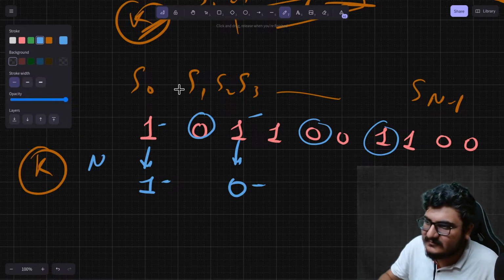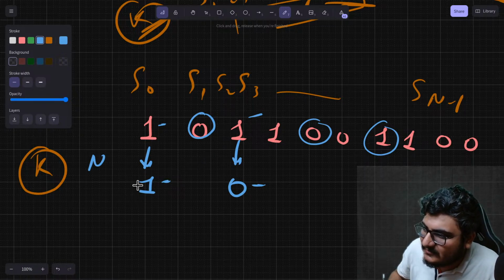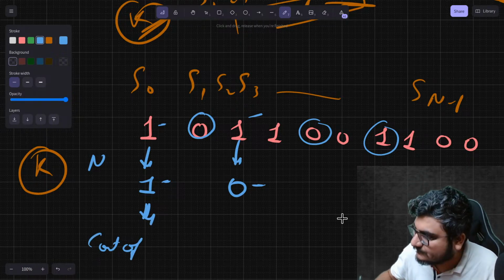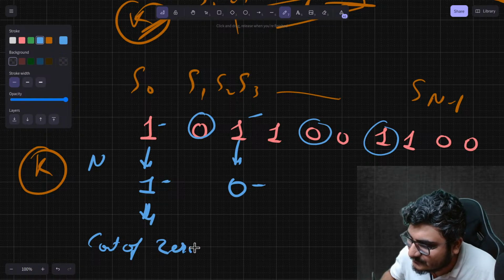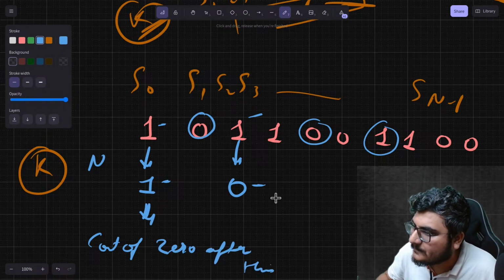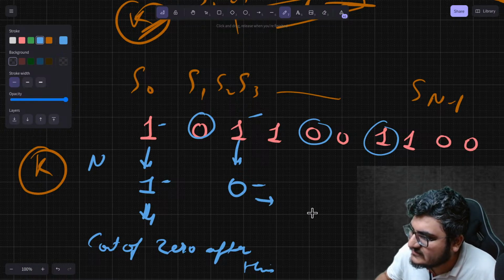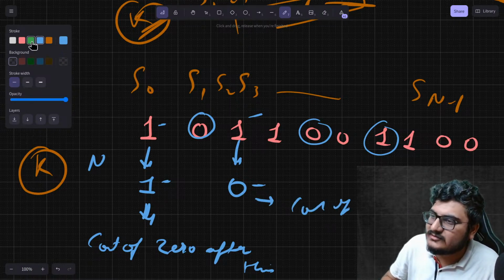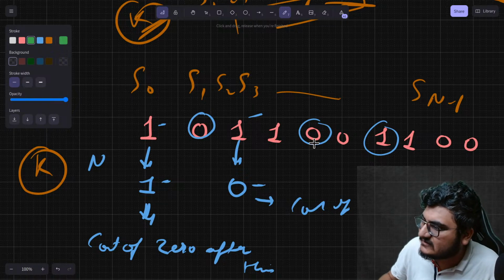So my idea is, for each element the number of inversions it is part of is the count of 0 after this. And here also, the number of inversions which it contributes is the count of 0 after this.